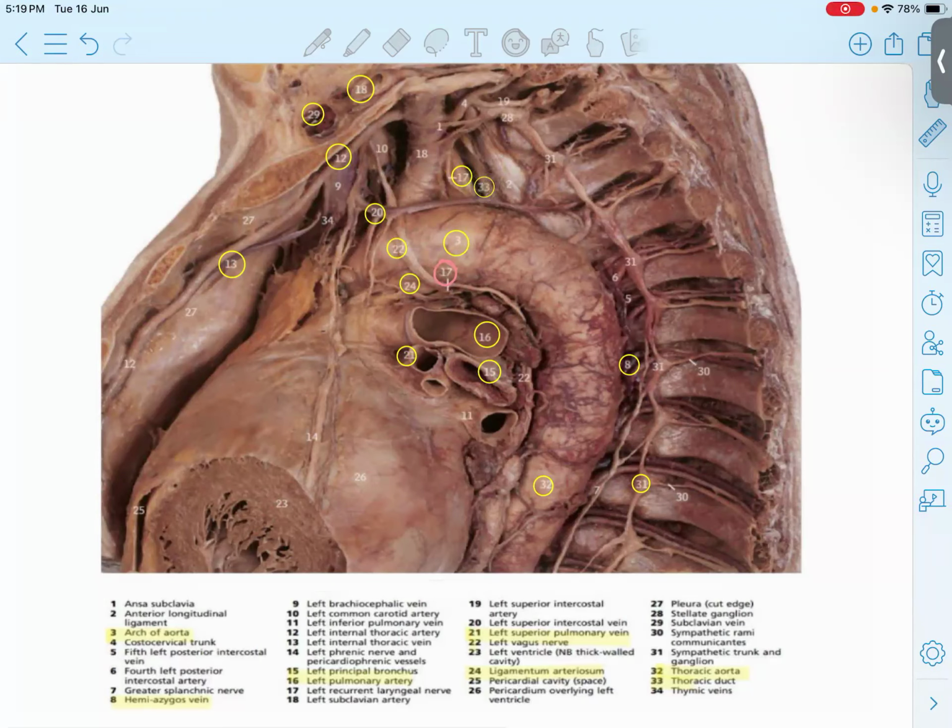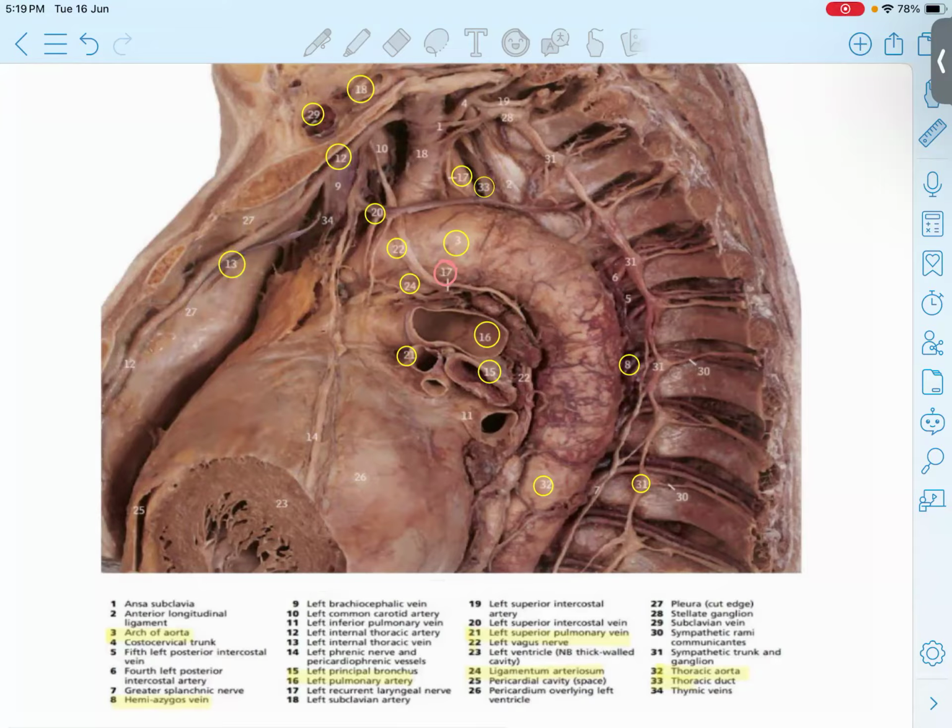Okay, you have to keep remembering this. Now come to these two structures. This blackish structure, always think blackish structure can mostly be vein, and reddish or reddish shiny structure will be artery. Okay, this 13, it is a blackish structure, so it will be vein. Which vein? Left internal thoracic vein. 13 is left internal thoracic vein, and 12 is internal thoracic artery.